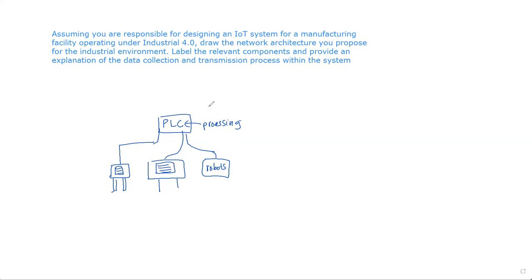The processing will be done in here. The PLC has to be programmed earlier, and the data that goes in there will follow a certain set of codes, and the processing will be done according to the program that has been written inside this PLC.